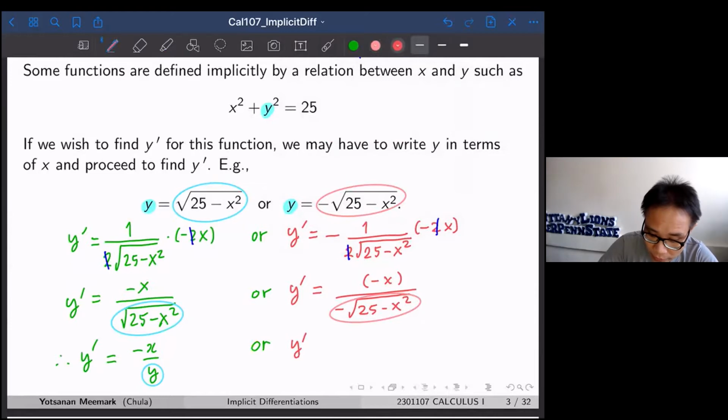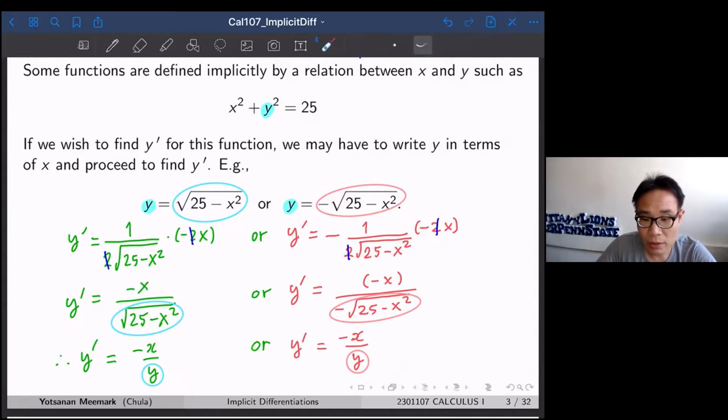So you would have y prime equal to x over y in terms of that y. So in this case, you see that you have the same derivative in both cases. In the first case, you get negative x over y. In the second case, you also get negative x over y. So both of them are the same in two cases.